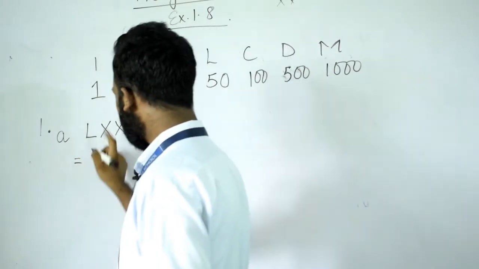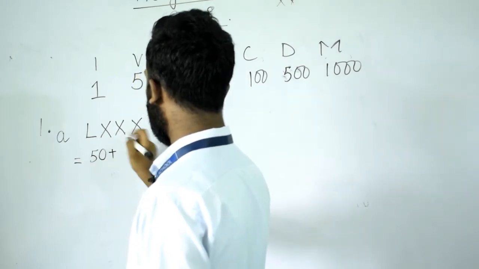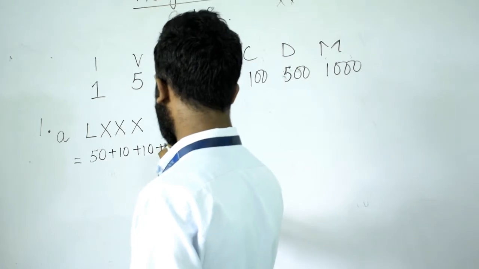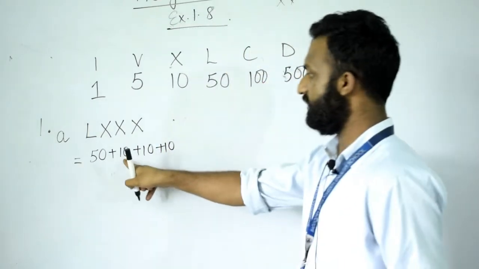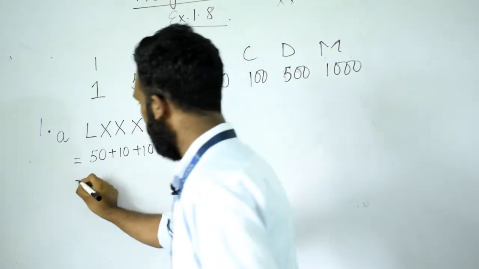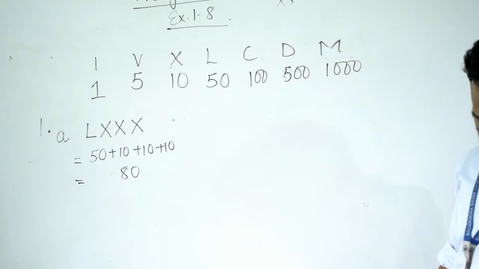So 50 plus 10, 60, 60 plus 10, 70, 70 plus 10, 80. So the Hindu-Arabic numeral is 80 here.